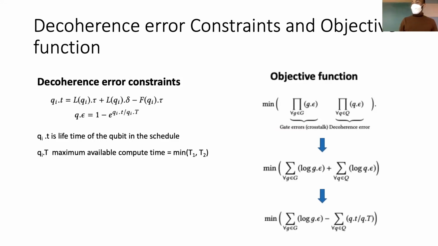That is crosstalk, and it's more significant when you apply those two qubit gates close to each other in the connectivity, at least one hop distance. So here they try to avoid this kind of parallel operation.